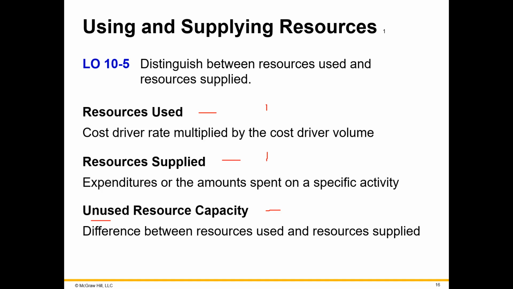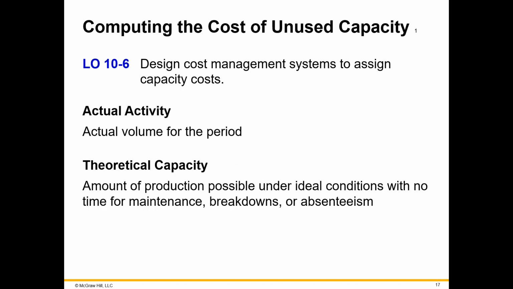We're also going to work with different levels of activity. Actual activity, which is the number of items that we actually believe we're going to create in the period. Theoretical capacity is the best case scenario where we don't have any machine breakdowns, we don't stop for maintenance or for employee issues.